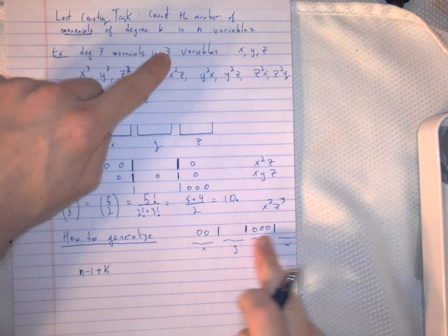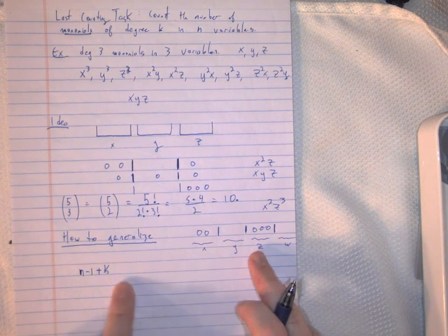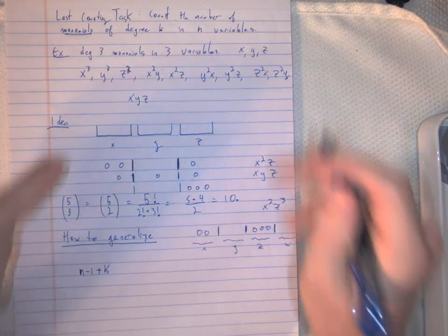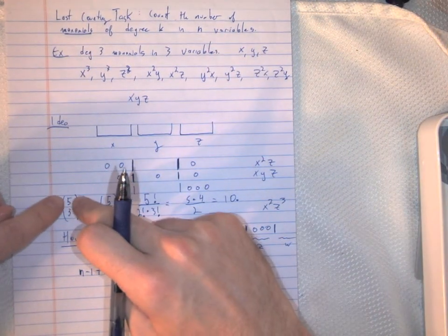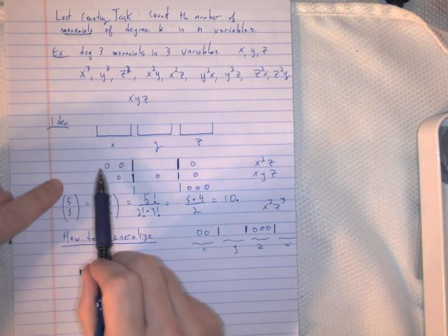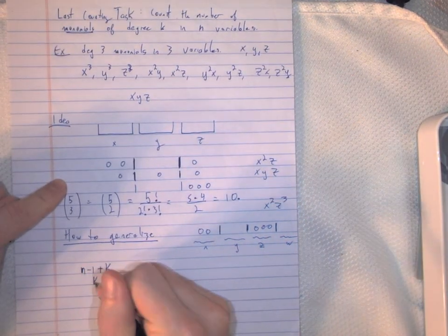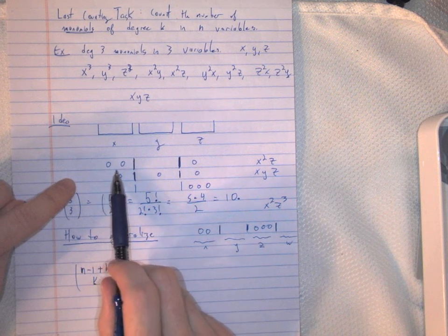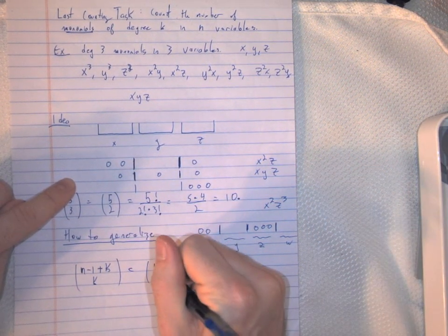I need as many zeros as the degree, so that this whole sum is equal to n plus k minus 1. For instance, degree 3 monomials in 3 variables, and the numerator in the choose should be 5. Right? I'm choosing from a 5-element set. And then I can either choose the k places, or I can choose n minus 1.